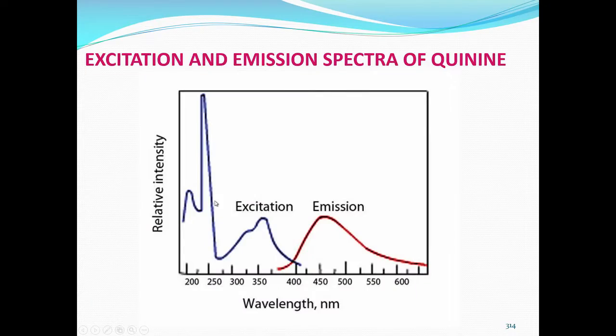So, this is how excitation and emission spectra occur. This is for the molecule known as quinine, and here you can see I have plotted relative intensity versus wavelength. The blue line is the excitation wavelength, that is the radiation that is falling on the molecule, and the peak wavelength is approximately somewhere around 240.